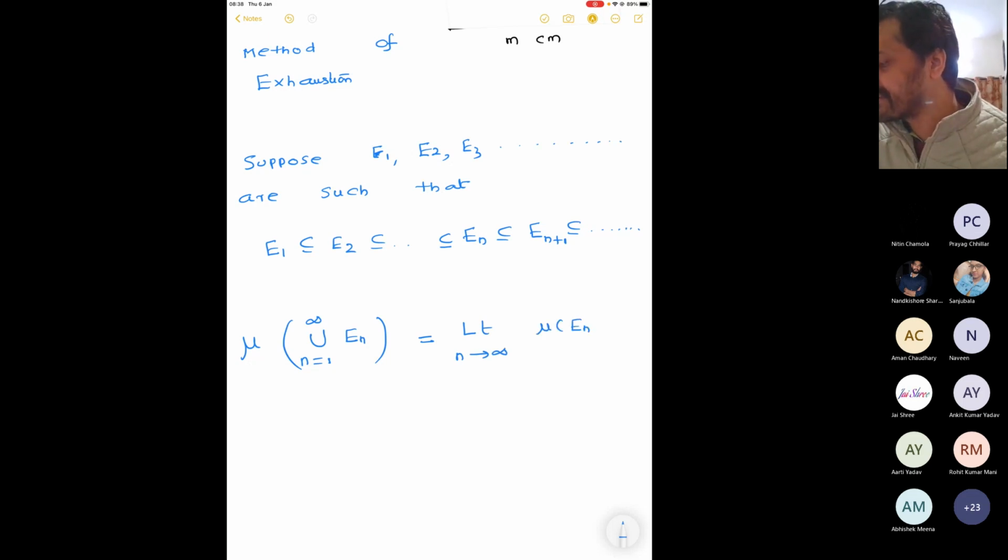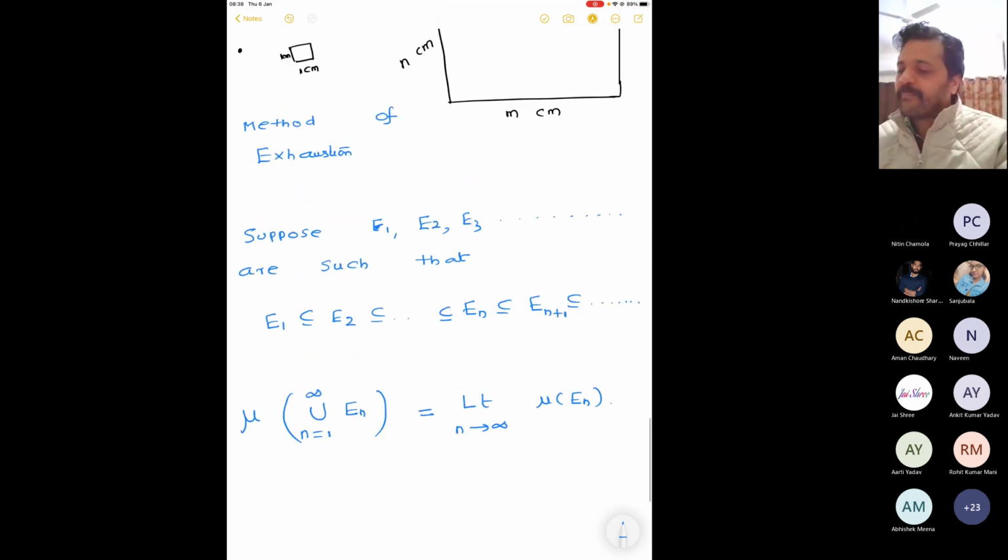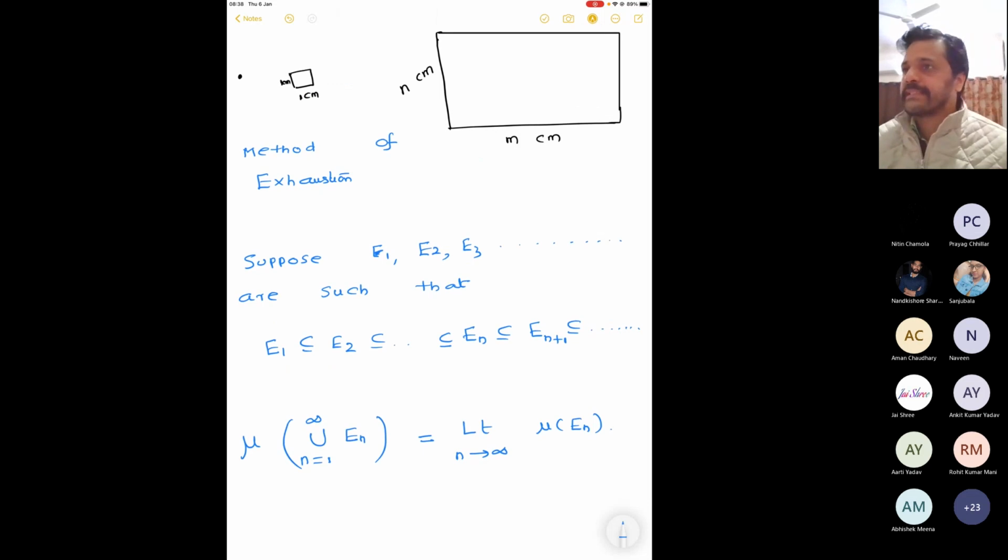I told you it is successively becoming better and better. Therefore, the area of this should be equal to how this polygonal area behaves. So I want the limit as n tends to infinity of mu of En. This is one requirement for mu that we obtain from the method of exhaustion.